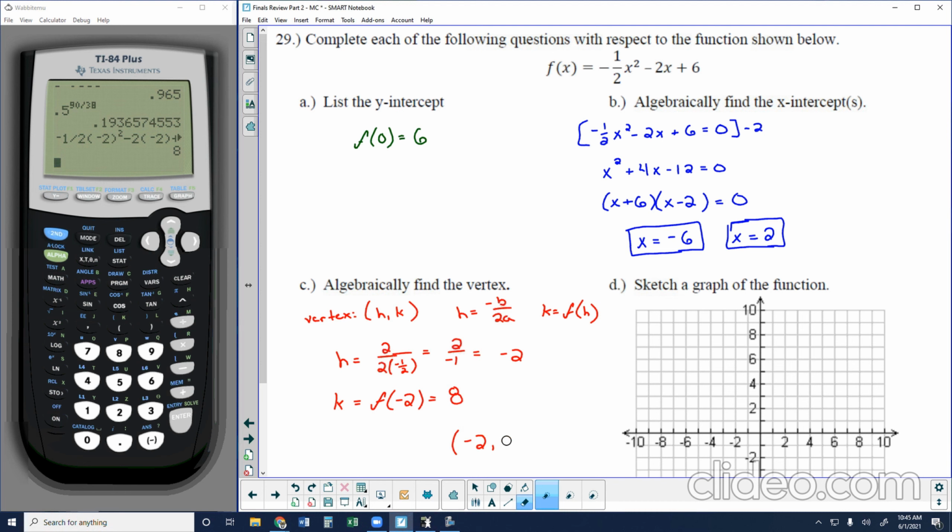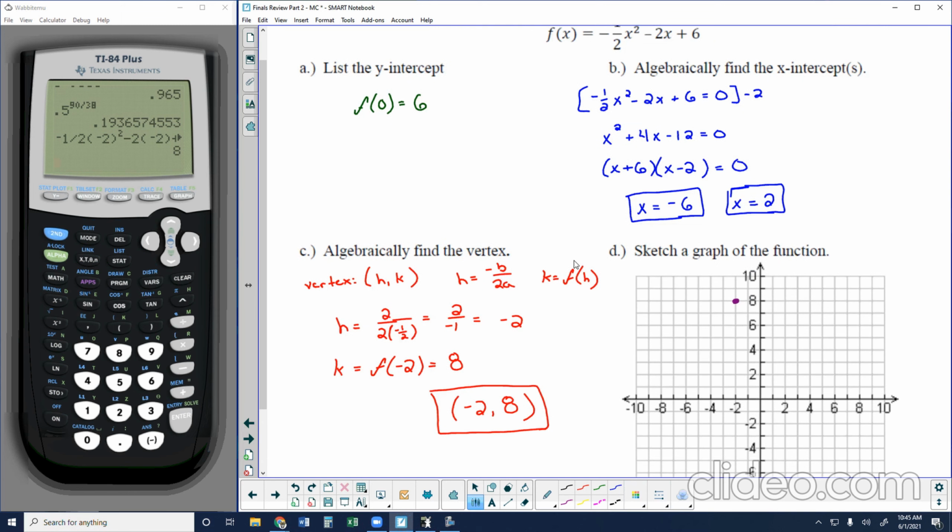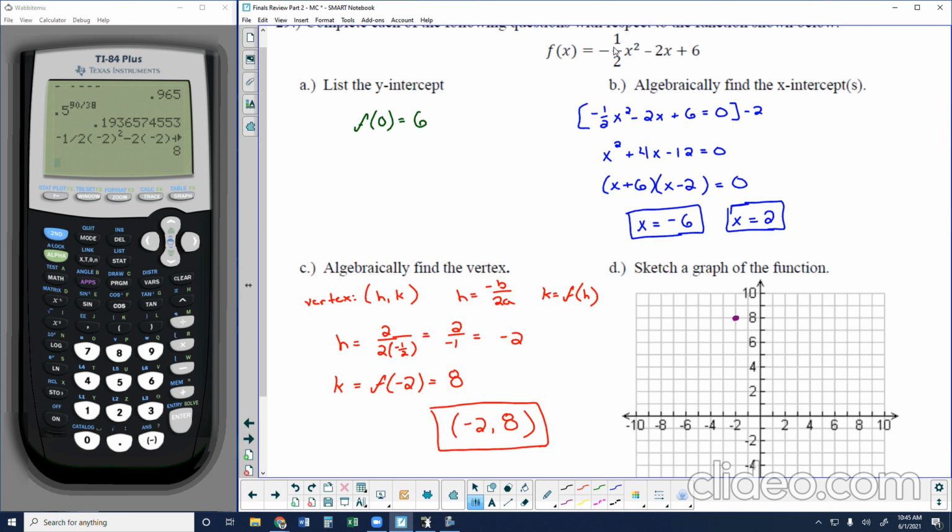So now I can draw or graph my quadratic using some of these features in part D. So what I can do here is I can find the vertex and go ahead and put the vertex down at negative 2, 8. This is a parabola that opens down. We know that because the leading coefficient was a negative value. I'm also going to have x-intercepts of negative 6 and 2.